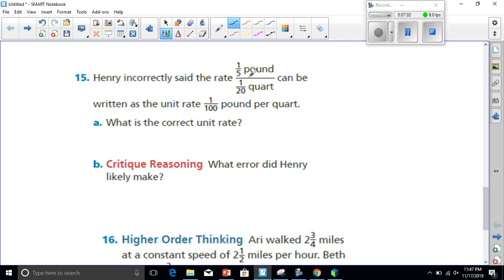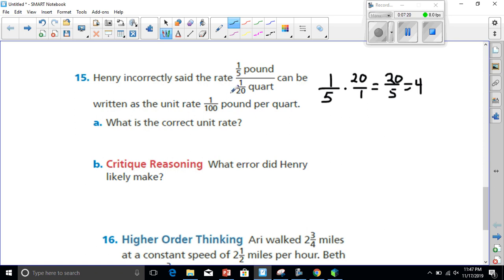Well, remember, this is a fraction over a fraction, so this is going to be 1/5 multiplied to 20 over 1. That's going to give us 20 over 5, which is 4.